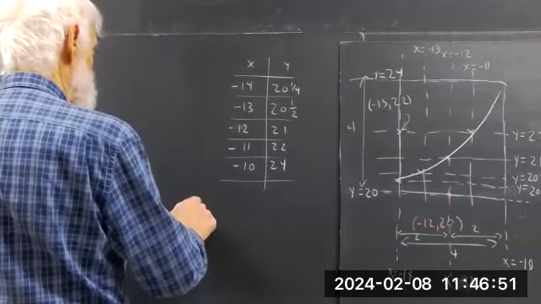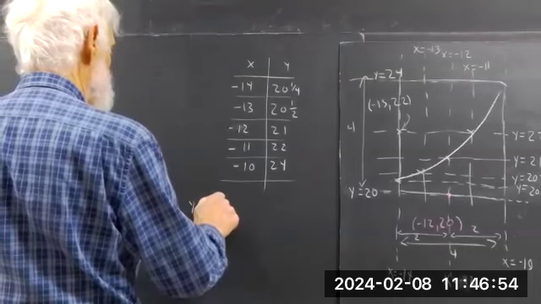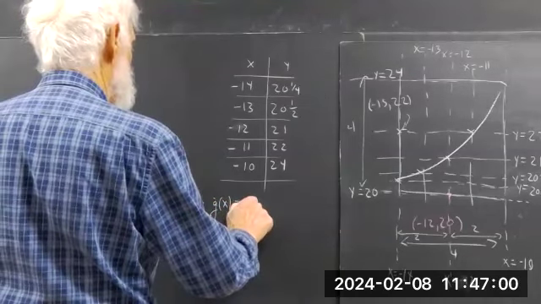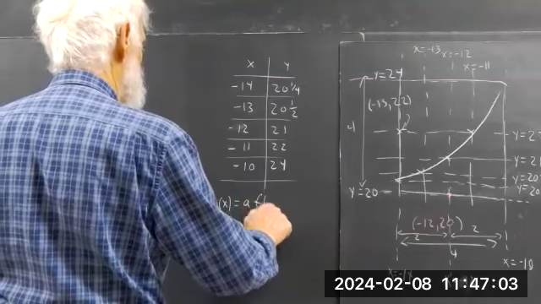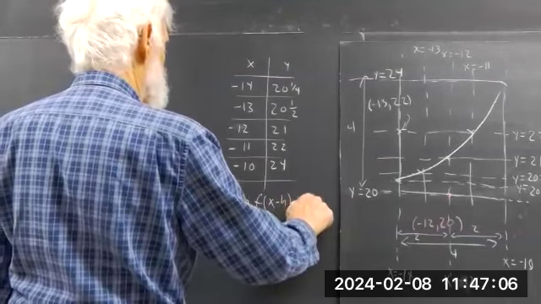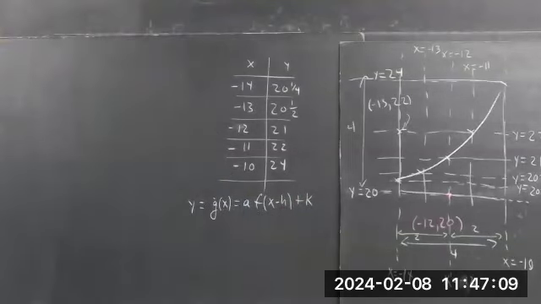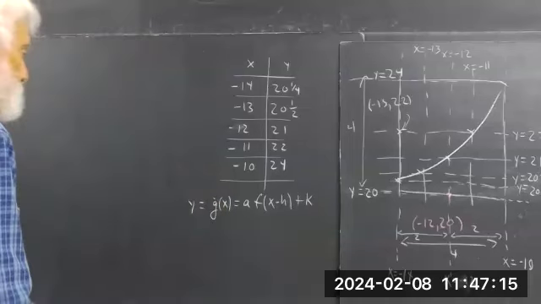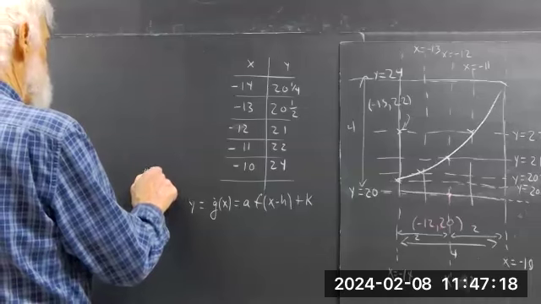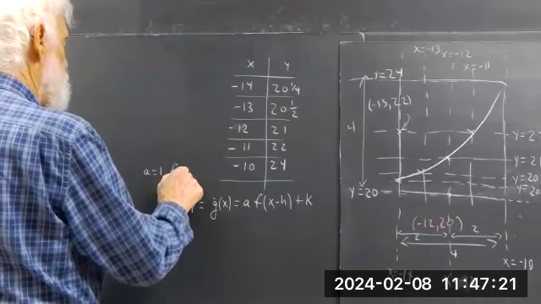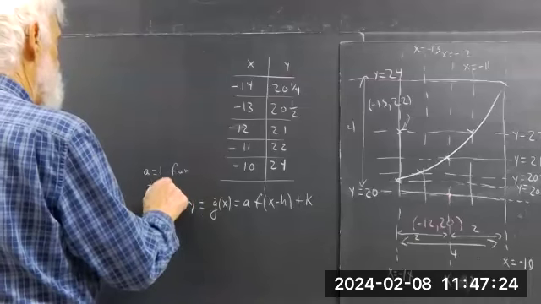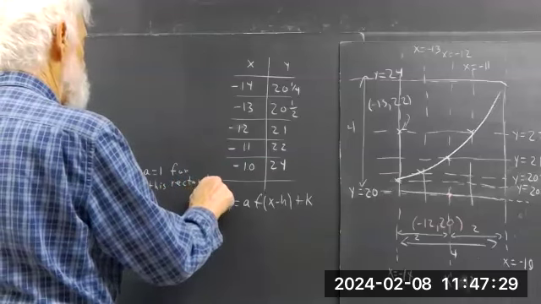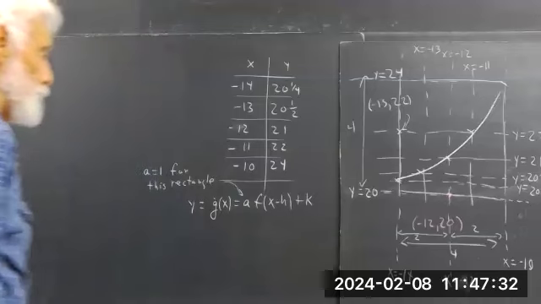The function has this form, except that in this case, A equals 1 for this rectangle.